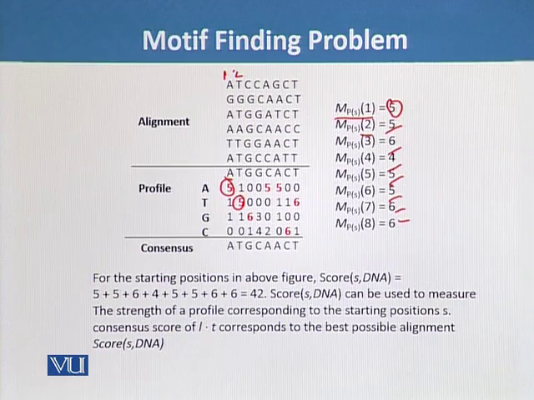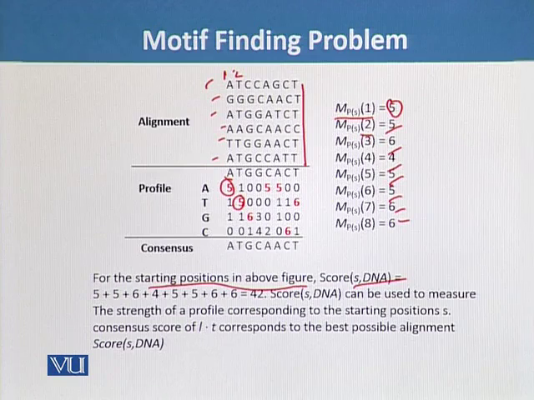So for the starting positions, this is the conserved region within a DNA sequence, and its starting position in each DNA sequence is different. So for the starting positions in this figure, the score sDNA is 5, 5, 6, 5, 5, 6 and 6.